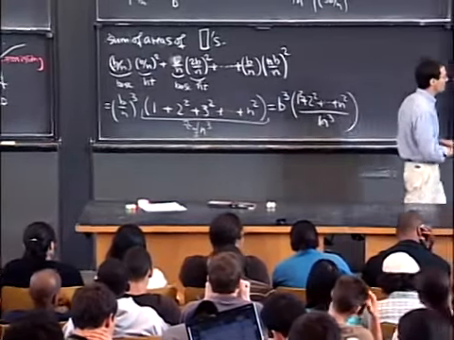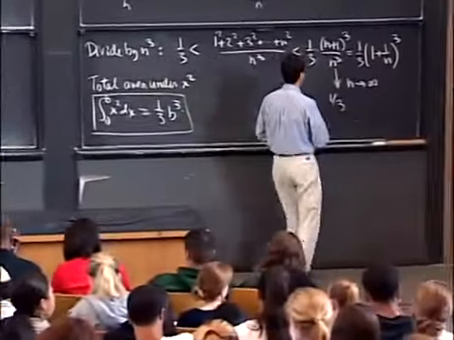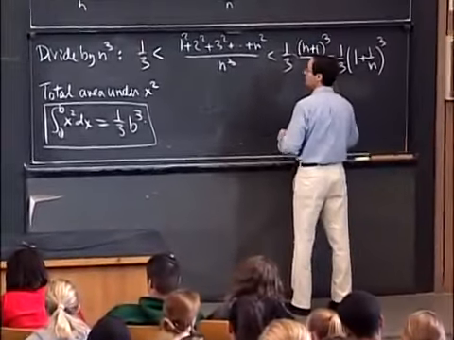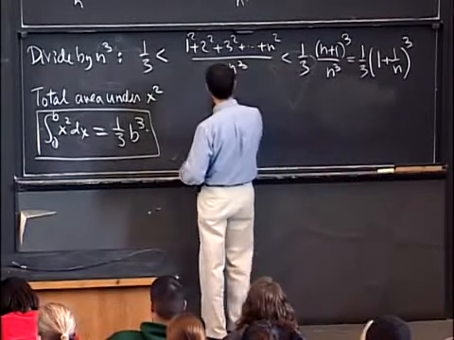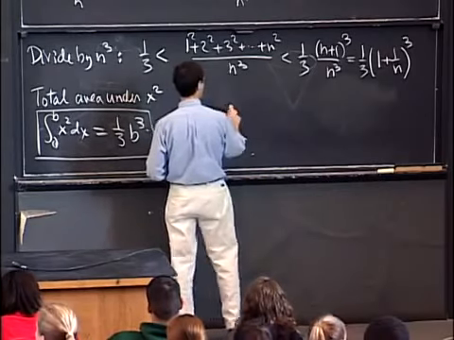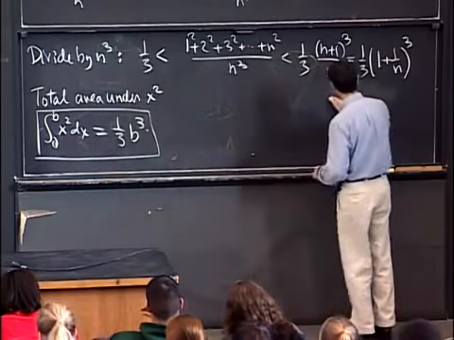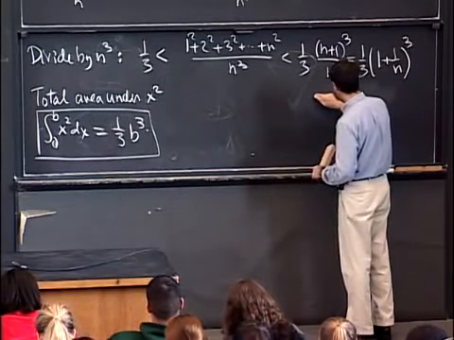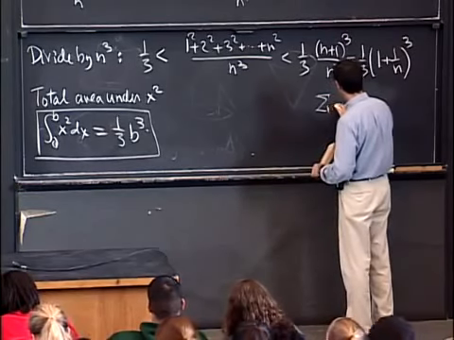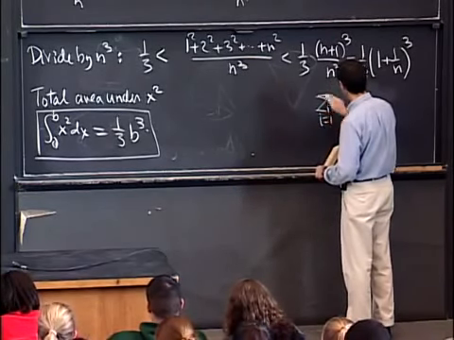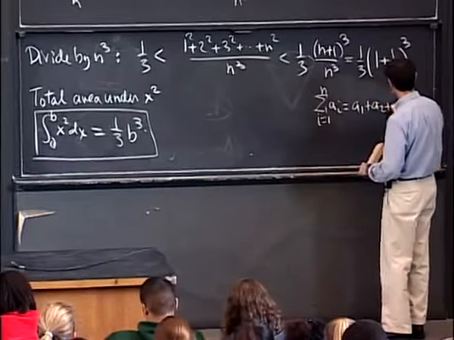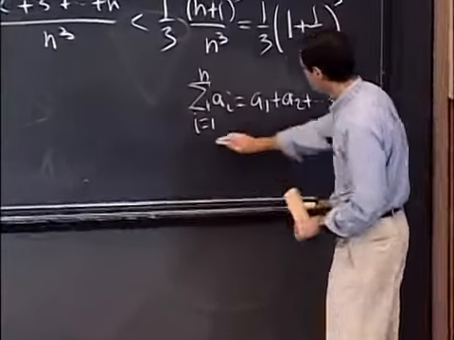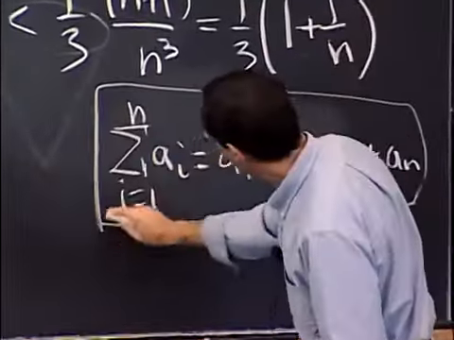So the idea of summation notation is the following. I'll illustrate it with an example first. Well, the general notation is the sum of a_i, i equals 1 to n, is a_1 plus a_2 plus ... plus a_n. So this is the abbreviation.